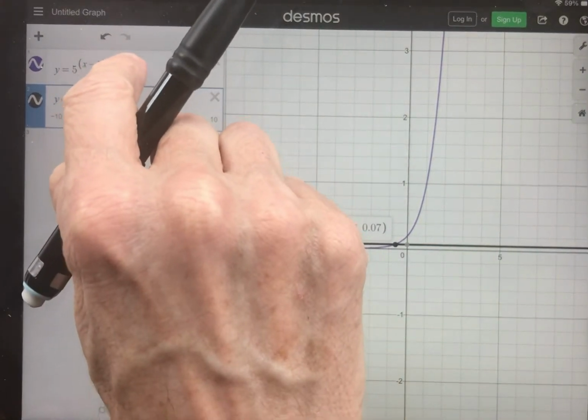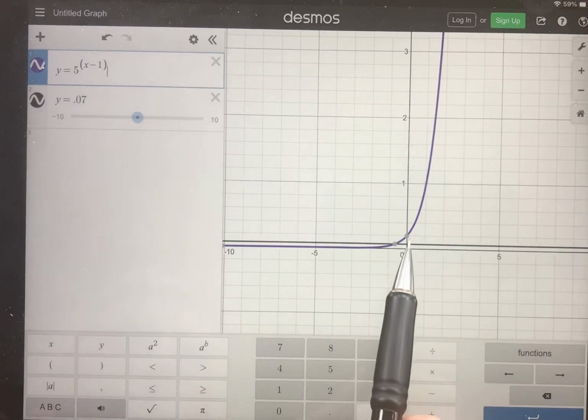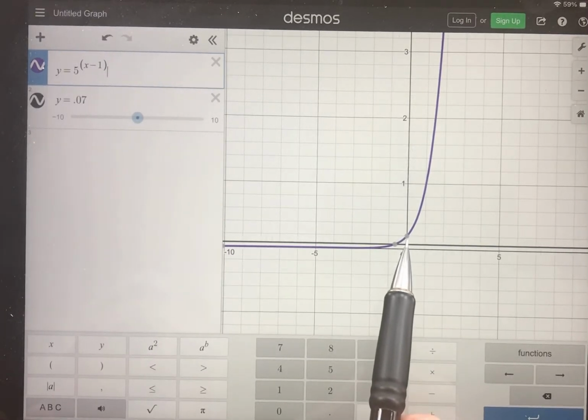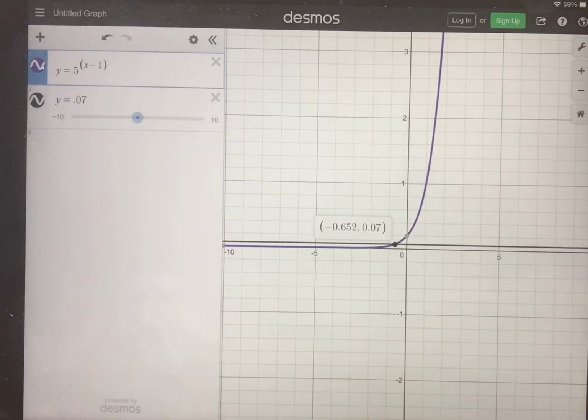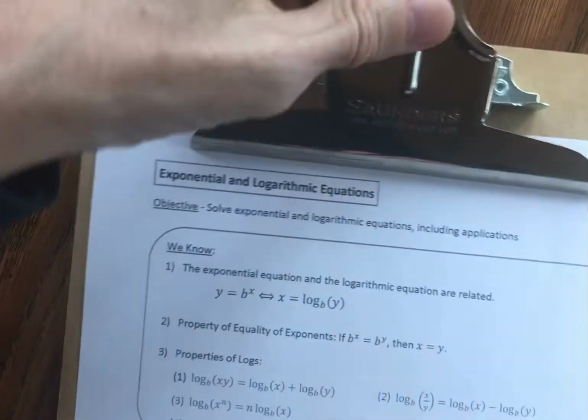If I highlight the top one, it gives me the key point. One of the key points is the y-intercept, and the other key point, of course, is the intersection point, which is identical, negative 0.652. So solving it using Desmos is rather quick. Solving it using a graph is rather quick.